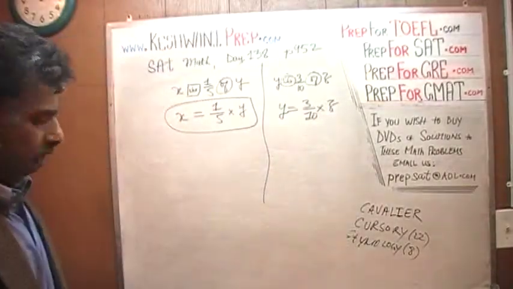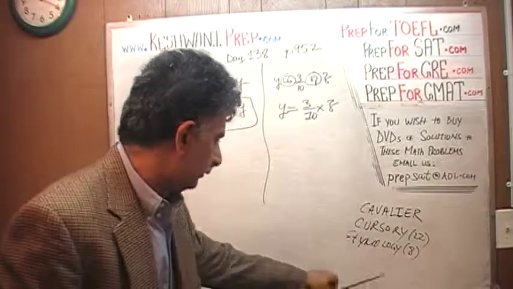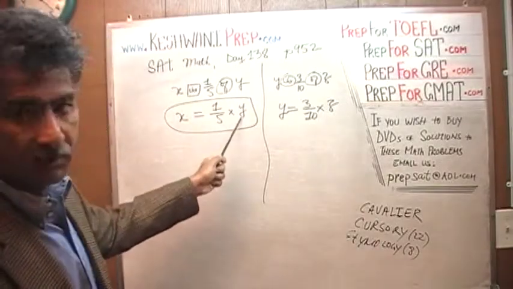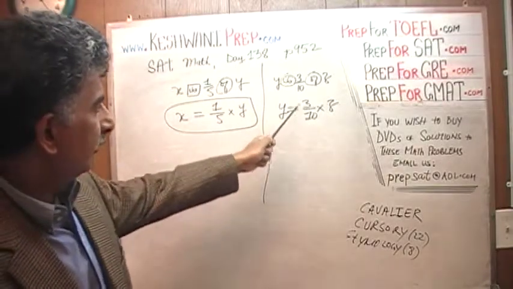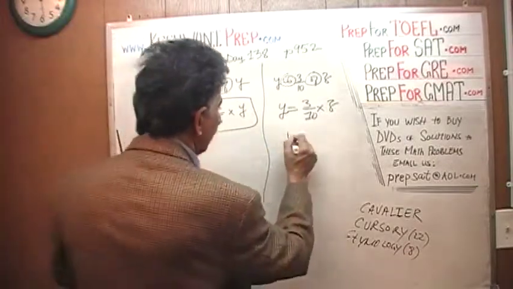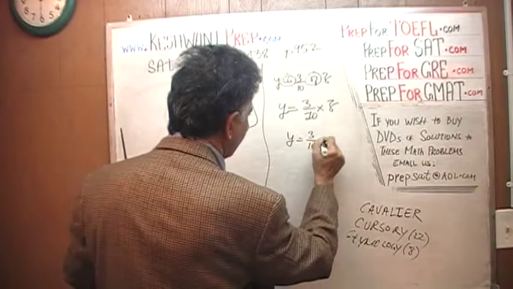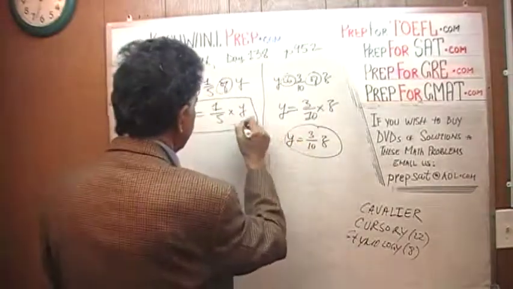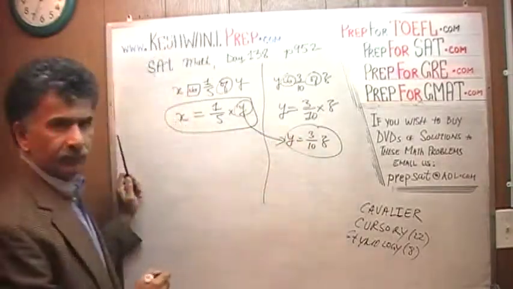What do you notice? First, they tell you that x is 1/5 of y, but then they go on to tell us that y itself equals 3/10 of z. So we can substitute 3/10 of z right in here. There is your y. So let's do that.